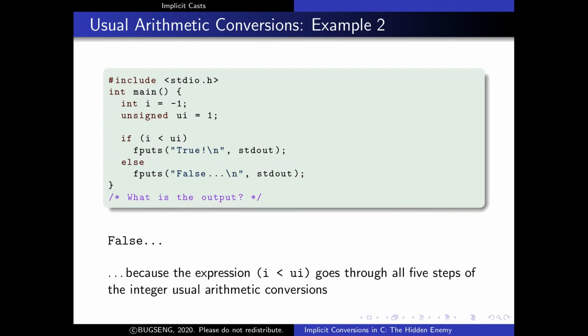And so we stumble upon the fifth rule, which means that int will be converted to unsigned int. In this example, the int i is -1, meaning that -1 converted to unsigned int will become a very large number.